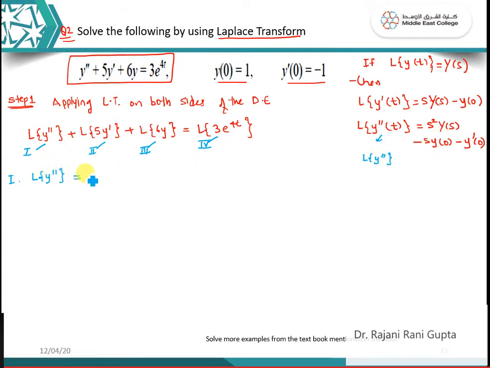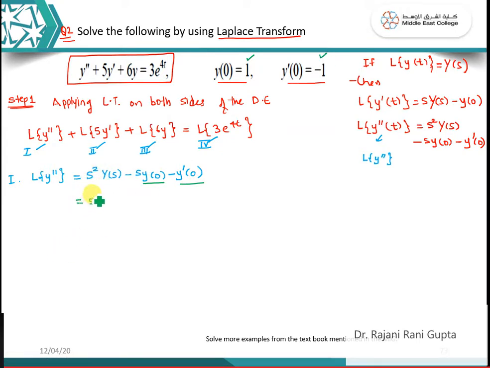So using this formula, it gives us s square capital Y of s minus s y of 0 minus y dash of 0. Now, in this equation, we have the value of y of 0 from here and y dash of 0 also available from the question. Let's substitute it.